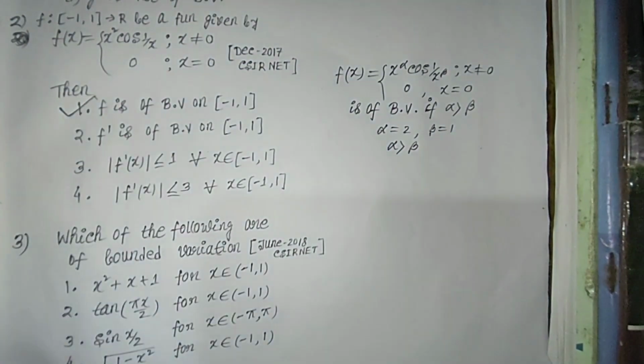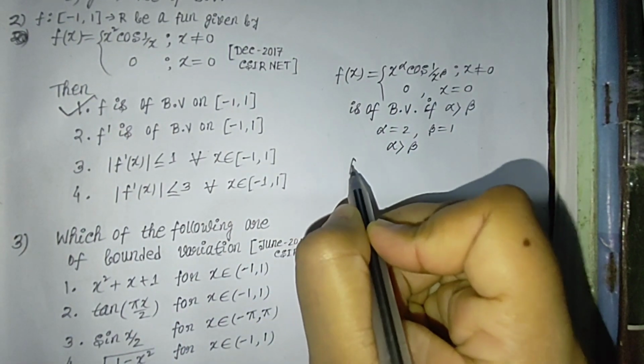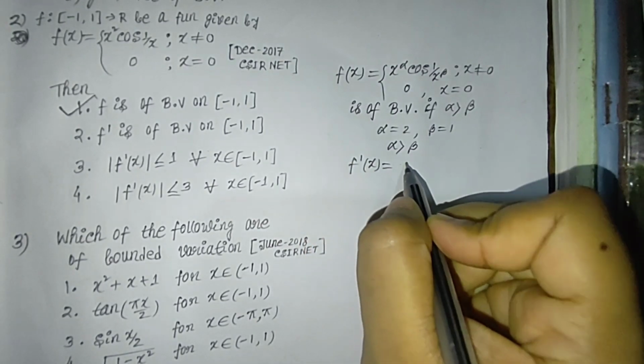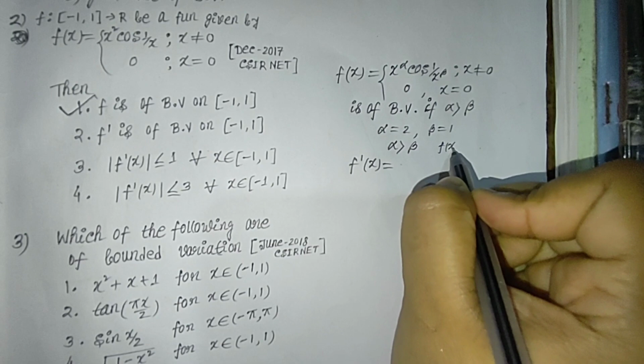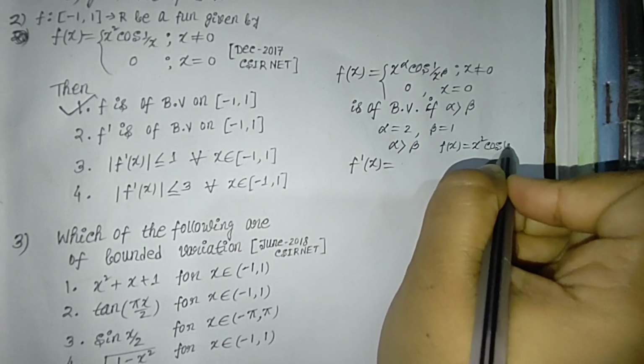So option A is correct. We check f dash x. f(x) equal to x square cos 1 by x.